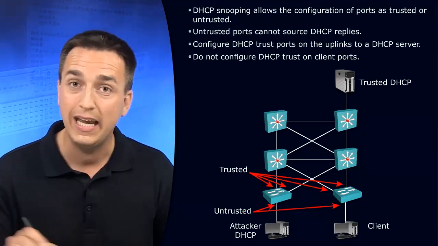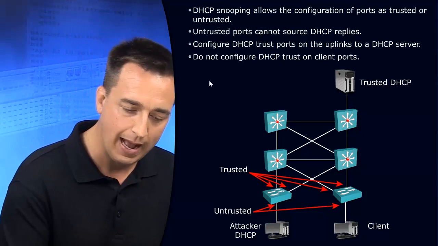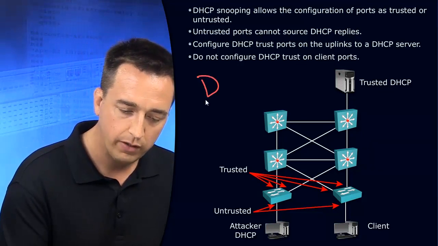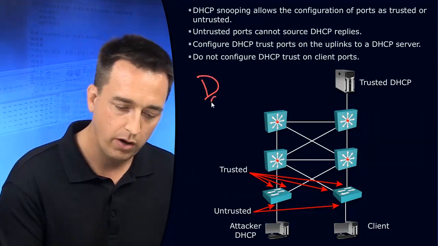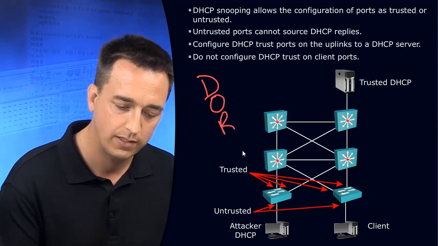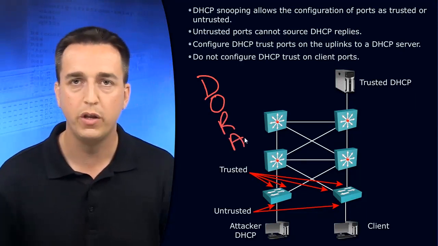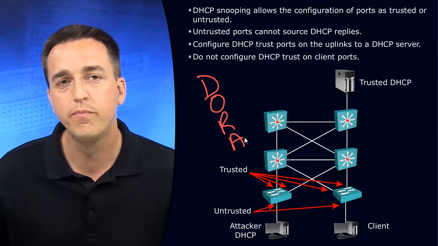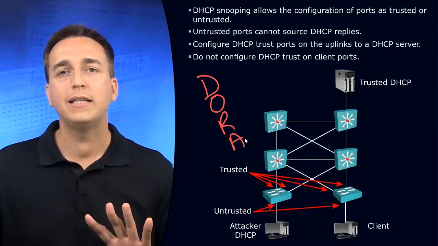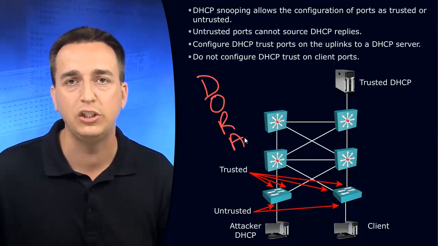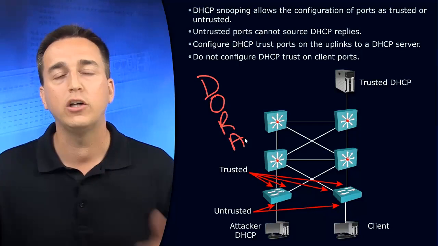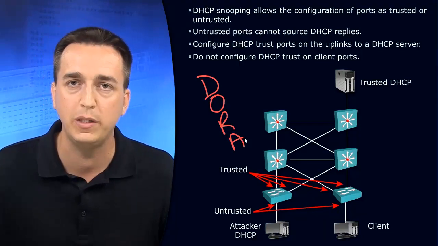So what type of DHCP messages do we have? We have discover, offer, request, acknowledge. DORA. The discover message is the broadcast message that is sent by clients when they are trying to discover the DHCP server.